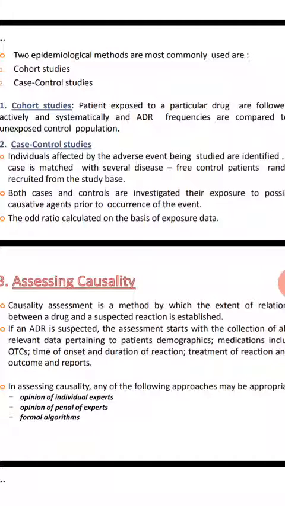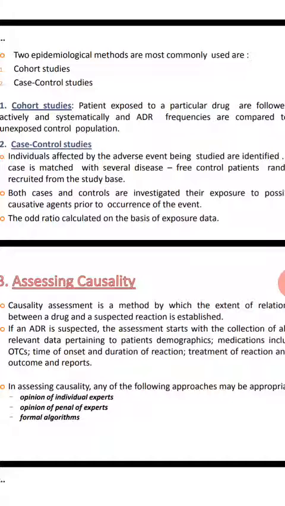So for any reaction, suppose skin reactions, okay, something else. Those who are already suffering from skin reactions: whenever you collect the information, the patient needs to be suffering from the particular ADR.